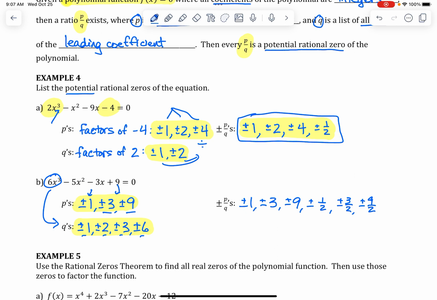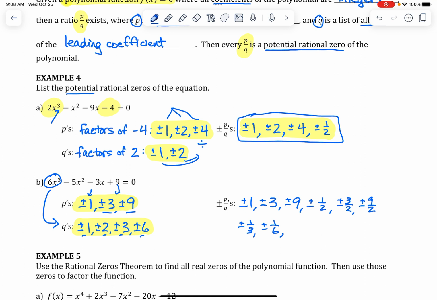Okay, and then we'll do the rest. Okay, there we go. 1 divided by 3. 1 divided by 6, we haven't done that one yet. Then we have 3 divided by 1, 3 divided by 2, 3 divided by 3 is 1, 3 divided by 6 is 1/2.